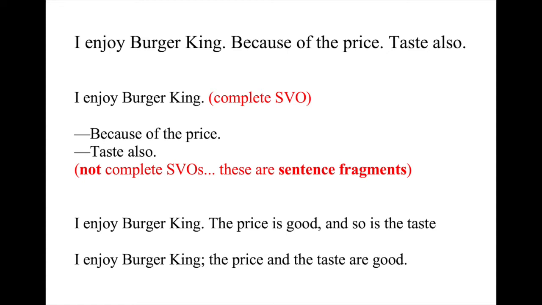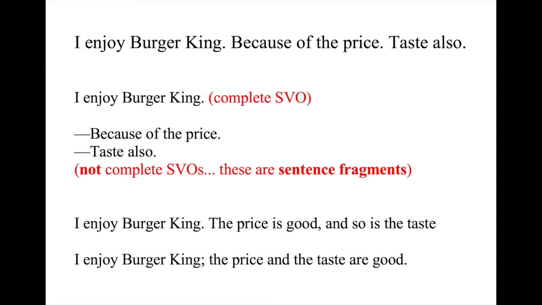So as I've noted here, I enjoy Burger King is actually a complete SVO, and that is okay. It has a subject, a verb, and an object, right? It works as a complete sentence. It is an independent clause. But these last two parts, because of the price and taste also, these are not complete SVOs.